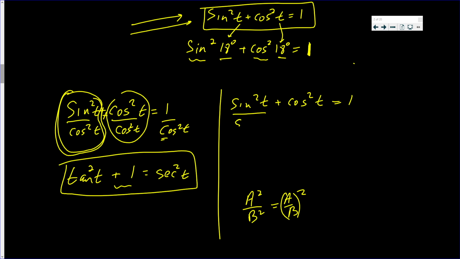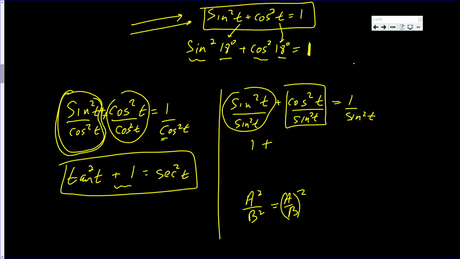I never remember which side gets the 1, but I derive it. On this side, we're going to divide by sine squared t. Well, this fraction, I hope, is obvious. It's 1. This is cosine t over sine t, which is cotangent t squared. 1 over sine. Well, sine starts with s, so we're going to get cosecant squared t.